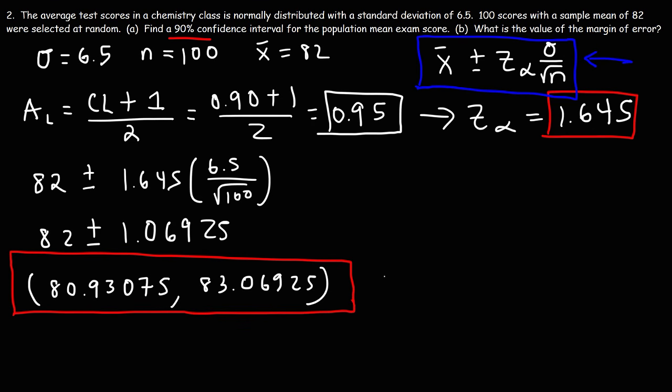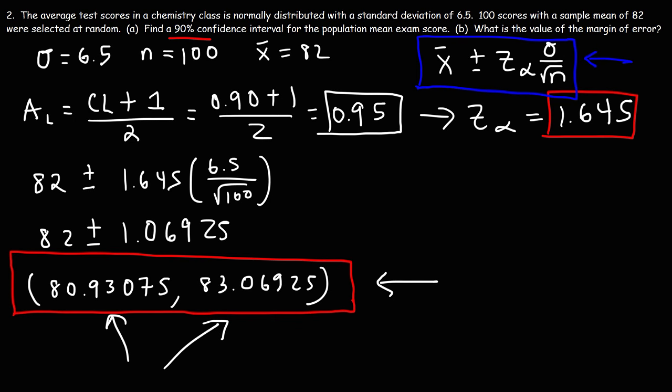So what this means is that we're 90% confident that the average test score in the chemistry class, that is the population mean, is between 80.93 and 83.069. So if we had 100 samples, about 90 of those samples will have a mean between these two values.